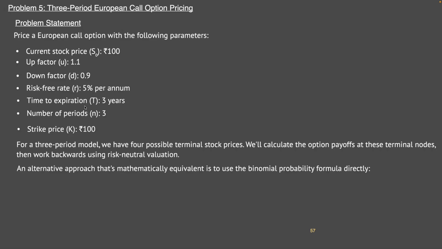Time to expiration is a very long 3 years, and the number of periods is 3, so you will have to construct a 3-stage binomial tree. The strike price is 100. Current stock price is 100, strike price is 100, so the option is an at the money option. For a 3-period model we have 4 possible terminal stock prices.